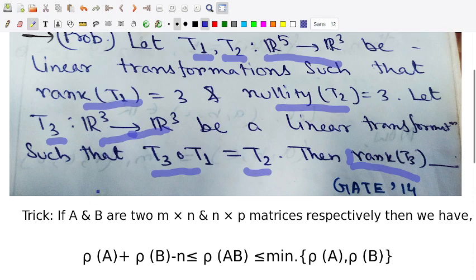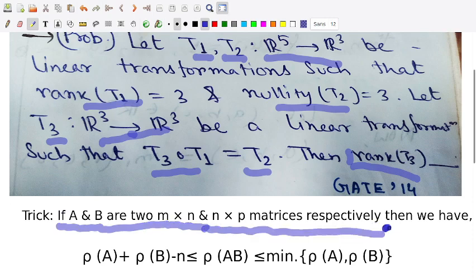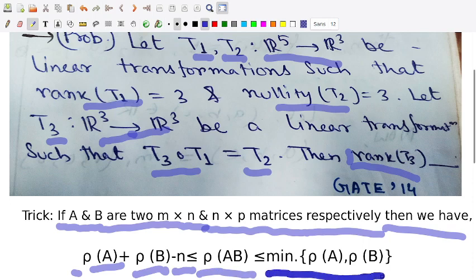The trick is, if A and B are m by n and n by p matrices respectively, then we have rank of A plus rank of B minus n is less than or equal to rank of AB, which is less than or equal to the minimum of rank A, rank B. Here we have to remember that this n is the common dimension. Okay, so let's solve this.